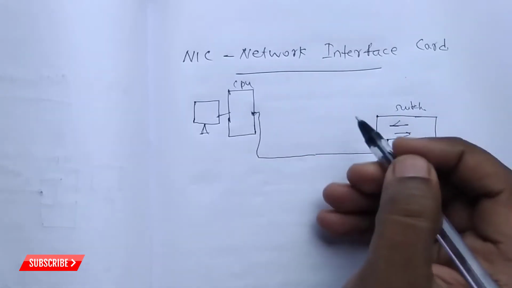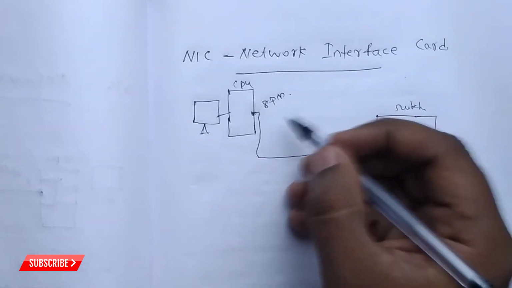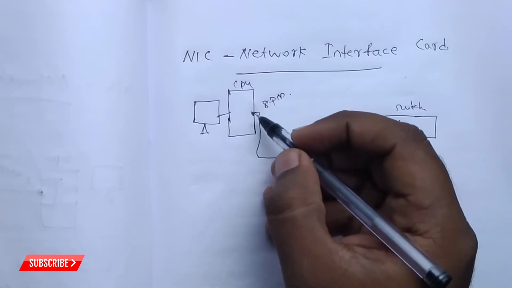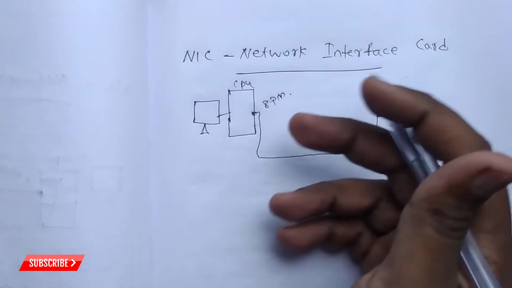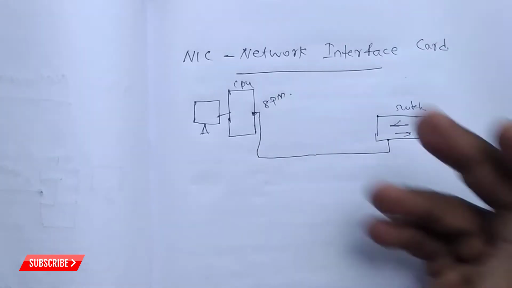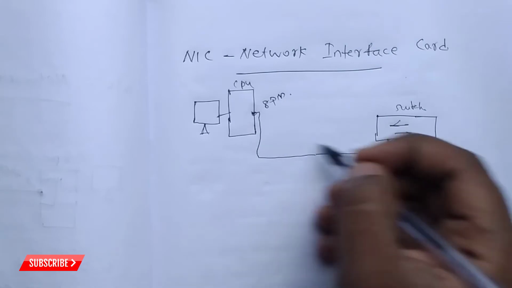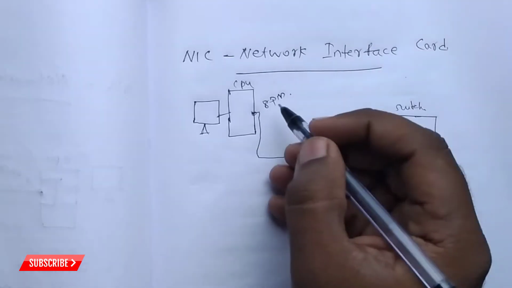Here you can see an 8-pin socket at the back side of your desktop PC, or on the side of your laptop too. There is an 8-pin socket to connect the LAN cable coming from the switch.